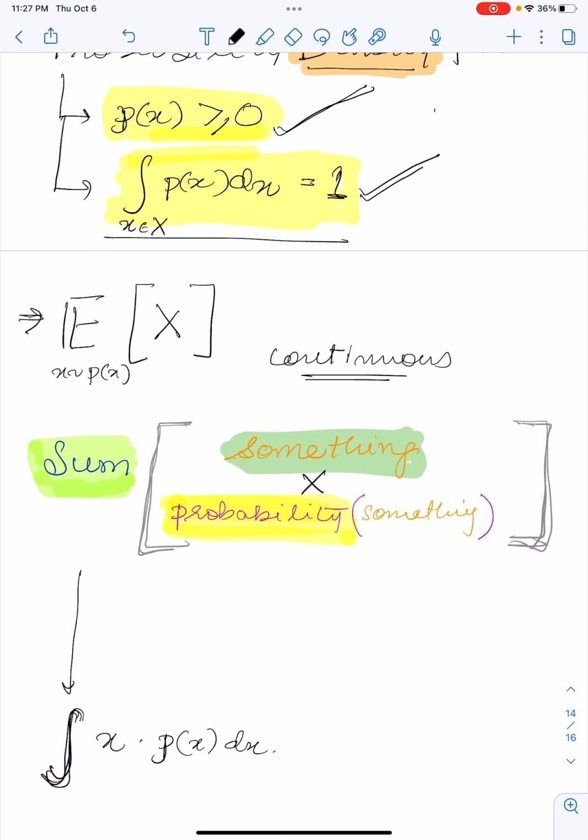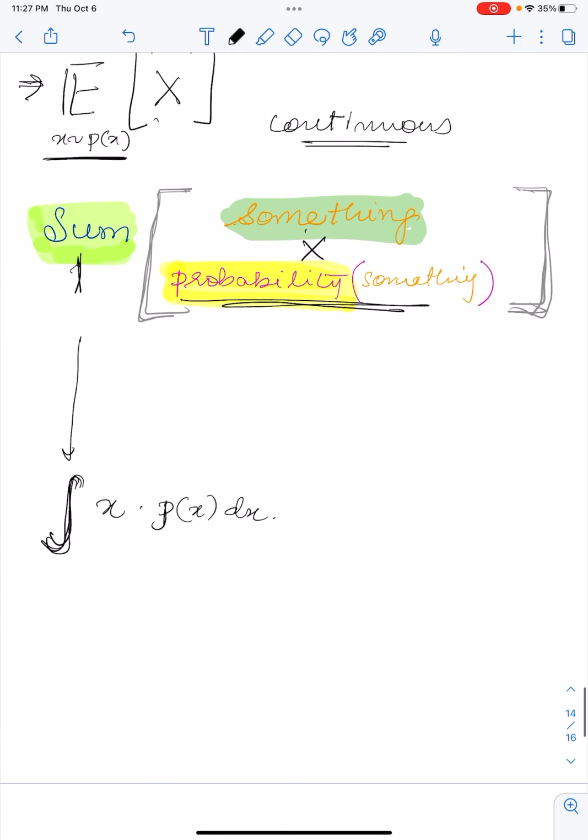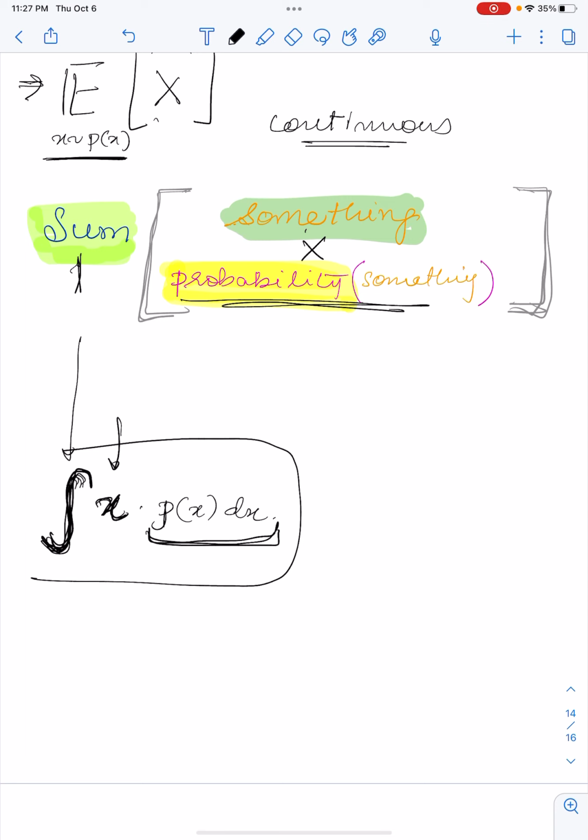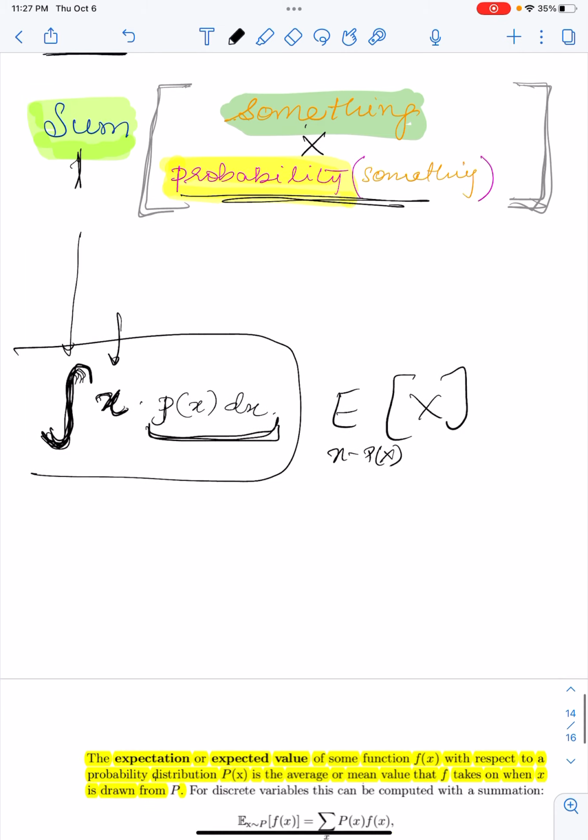And extending this formula to the continuous case, as we said, expectation of x coming from a distribution would be a summation of something multiplied by the probability of something, and in continuous terms that summation becomes an integral of x times p of x. This is the expectation of x in the continuous domain where x is coming from a distribution p of x.